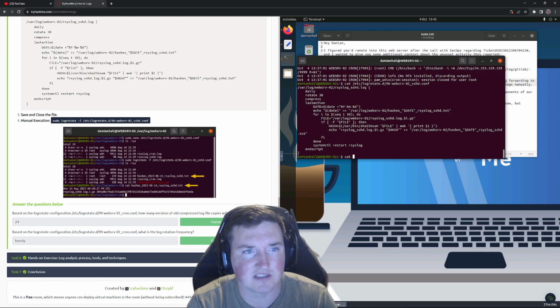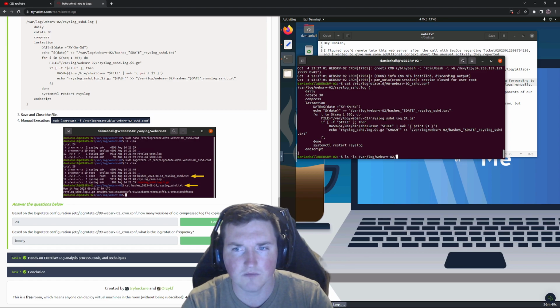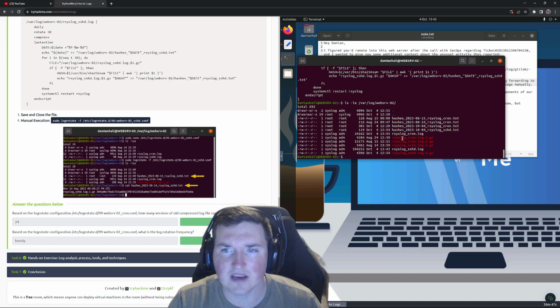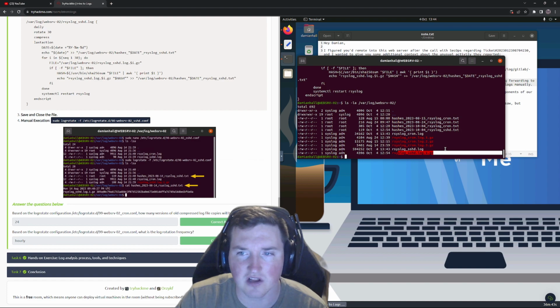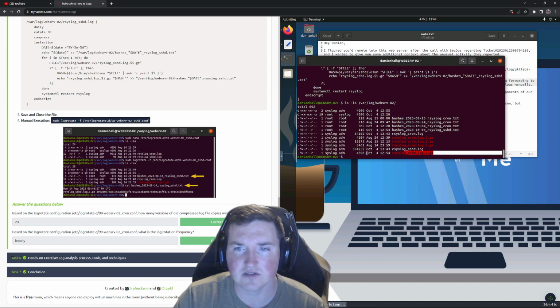So you can see, actually we'll just do the ls because I'll show it to you guys. So we'll say ls -la and we'll say /var/log/webserver02, and you can see here we have the rsyslog, cron log, and the ssh logs, and you can see this one is compressed and this one is not.